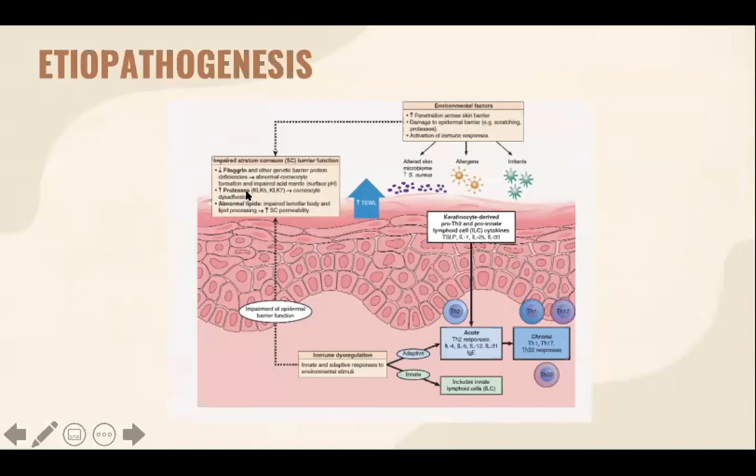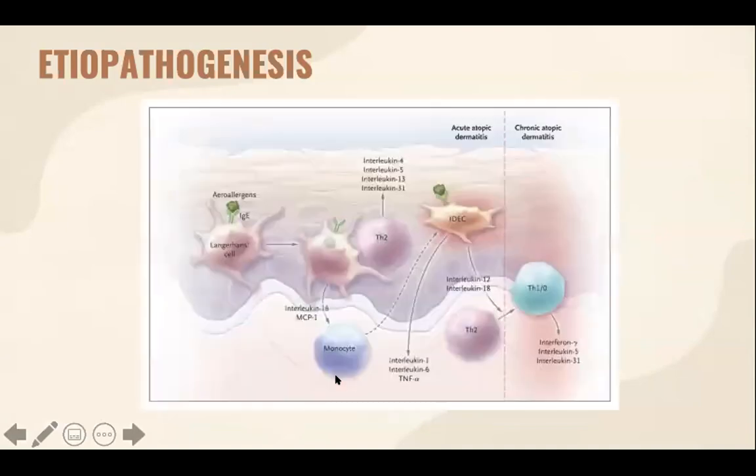All of these factors will predispose the affected individual to a less effective mechanical barrier against environmental factors, which may lead to penetration across the skin barrier, increased damage to the epidermal barrier due to scratching and proteases, and activation of the immune response.